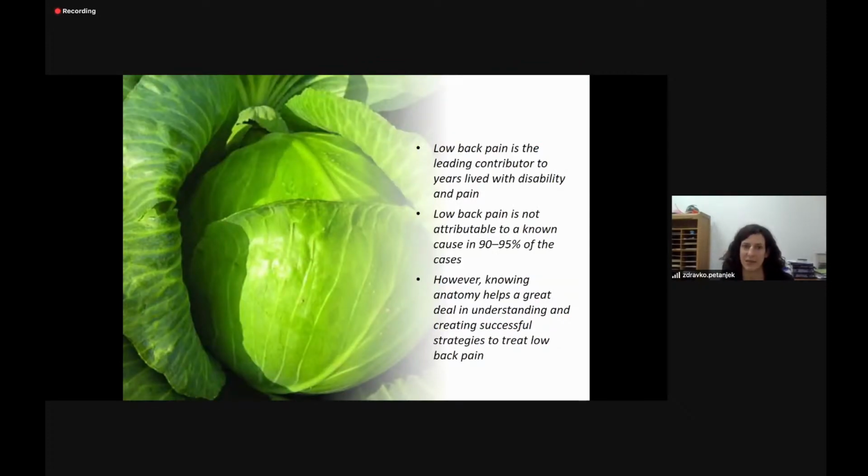I would like to emphasize at the end of this session that we have a lot of evidence and a lot of knowledge on what can really produce pain and lower back pain in our patients. But no matter how much we know, we are still treating them not so successfully.